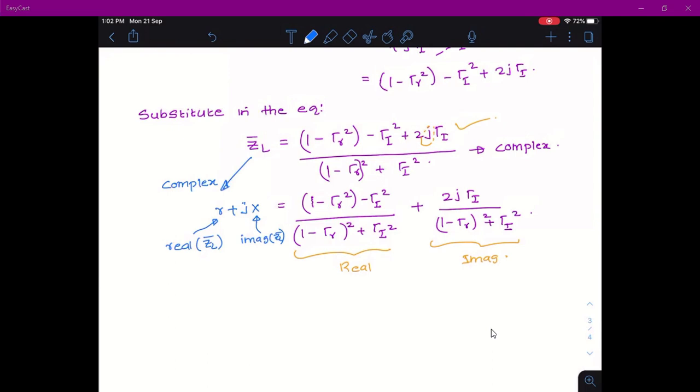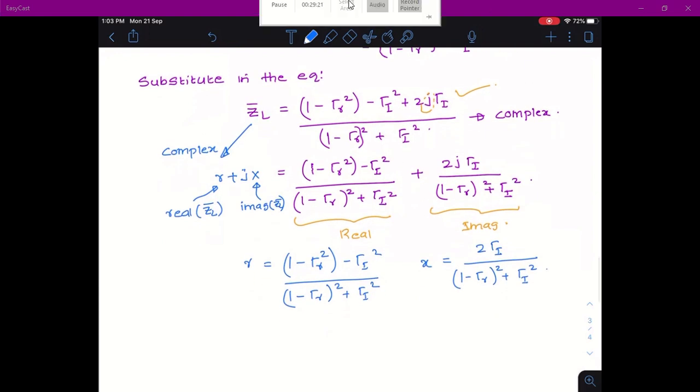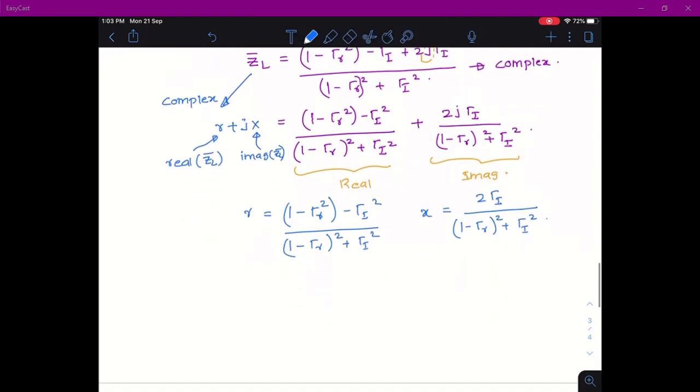So I can write r = (1 − τr² − τI²) / ((1 − τr)² + τI²). Similarly, x = 2τI / ((1 − τr)² + τI²). Okay, so we have equated the real and imaginary parts.